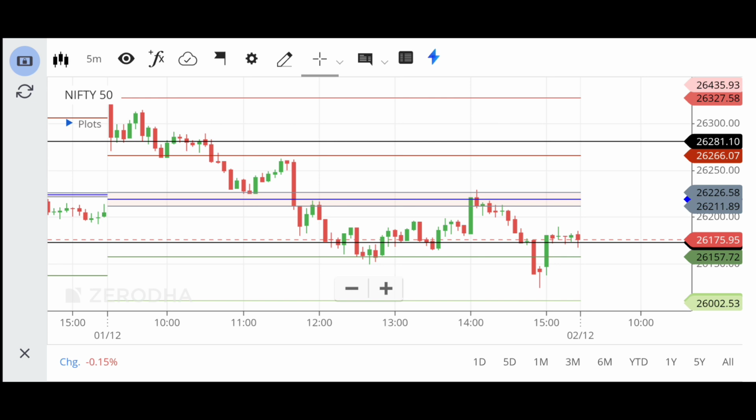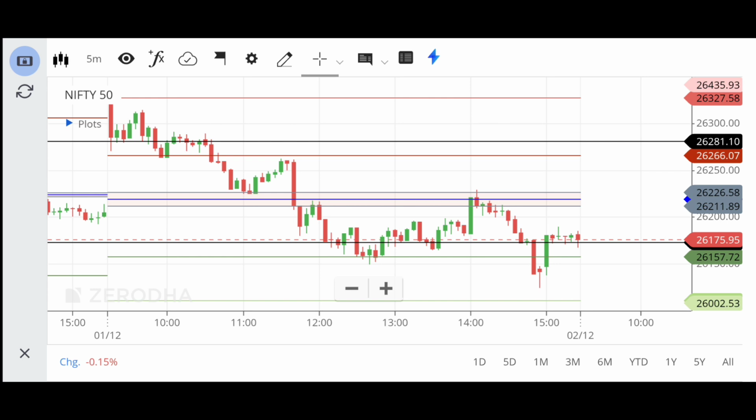So first, let's see about the market today, how it went. Today the market Nifty 50 opened at 26,325. It's a kind of a big downtrend market.